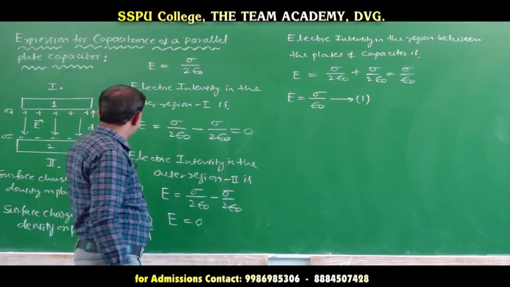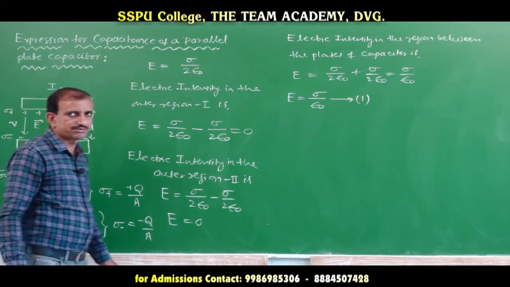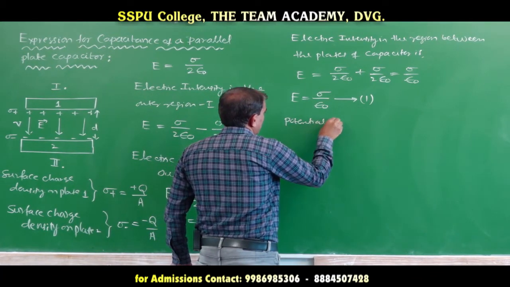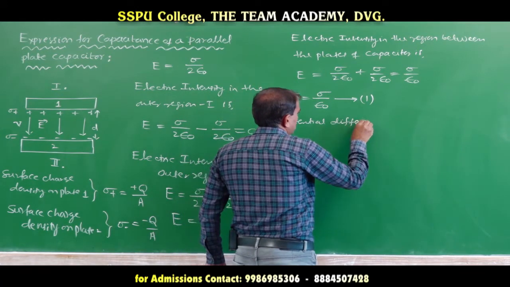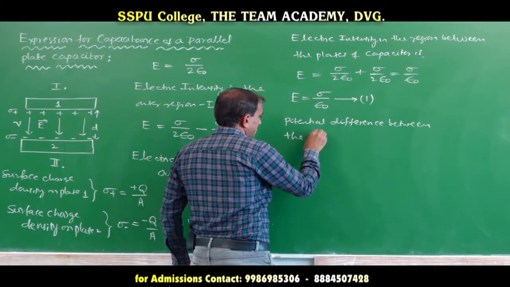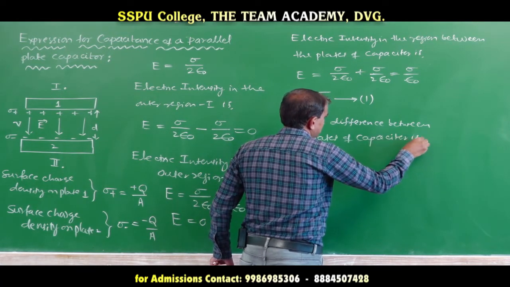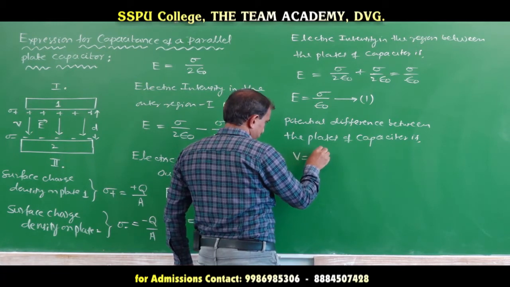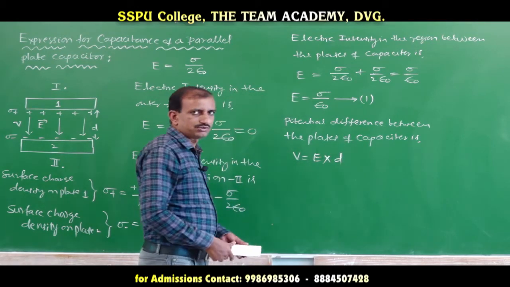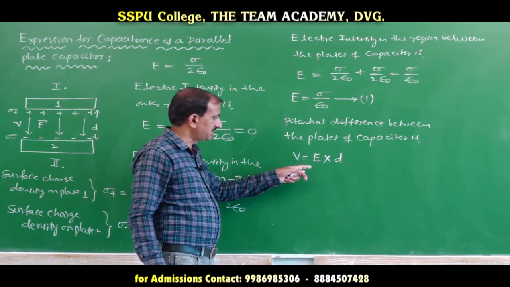Now what is the potential difference between the two plates of the capacitor? Let V be the potential difference between the two plates of the capacitor. See, potential difference between the plates of capacitor is V is equal to E into D. We know this relation between the electric intensity and the electric potential.